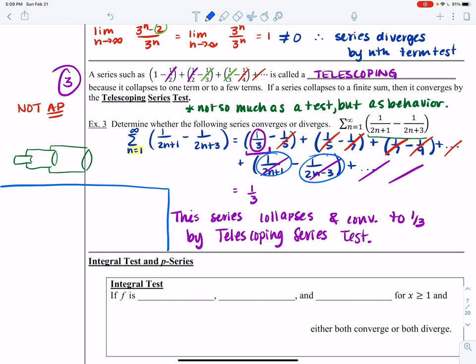It's not going to be required because again, this is not AP tested. But let me just show you, if you were to take a limit of these n terms, 1 over 2n plus 1, you'll notice those are getting small. And this limit also as n approaches infinity of 1 over 2n minus 3, that's also getting small, which is why I can guarantee that all that's going to be left here is just the 1/3.